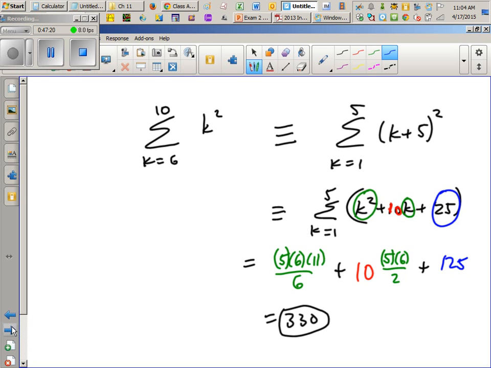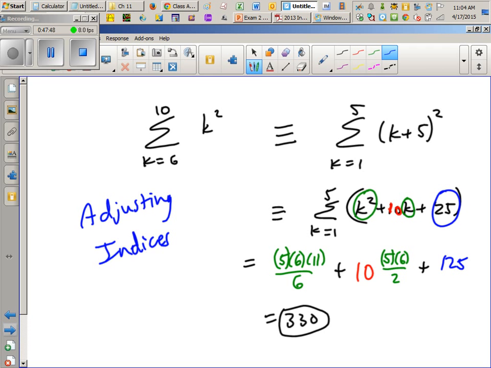We confirmed that this is the exact same sum. This adds up 36 through 100. Then we expanded it and used our formula to solve. Totally different. I call this adjusting the index, because I honestly don't know what else to call it. Adjusting the boundaries or something. Adjusting the index is what I usually call it. Adjusting indices.